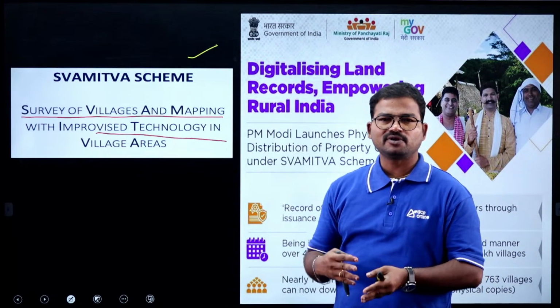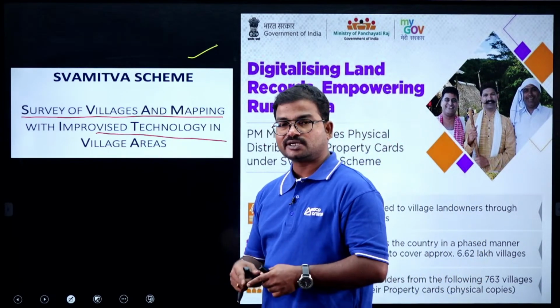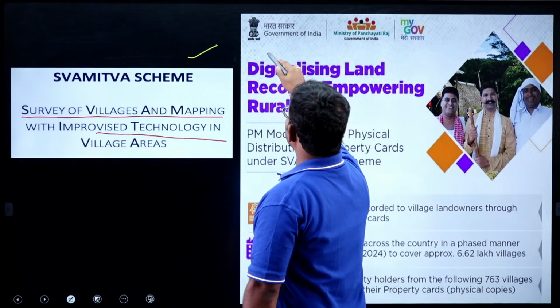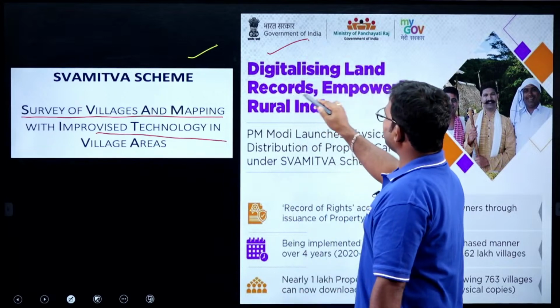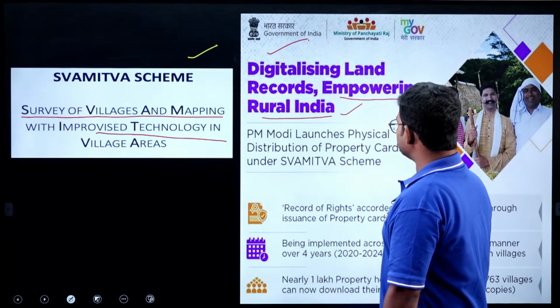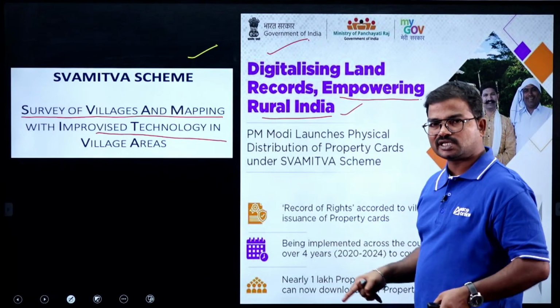To overcome this, we need satellite-based or drone-based surveillance. This is completely related to digitalizing land records and empowering rural India. By using satellites or drones, we can estimate the exact borders of the land.